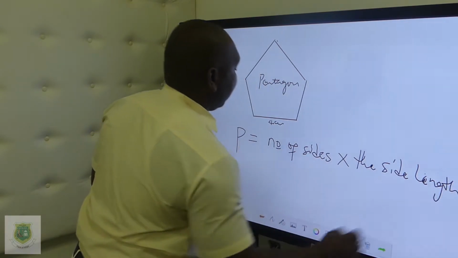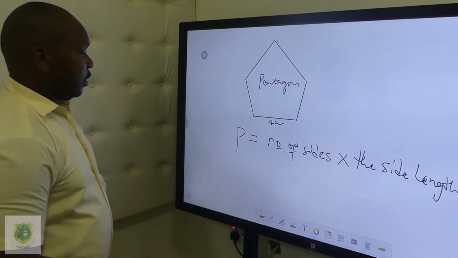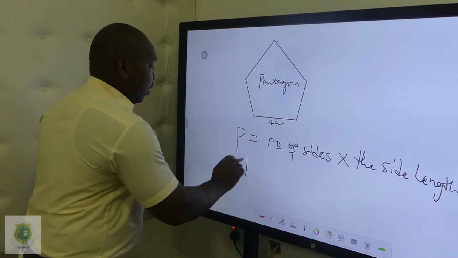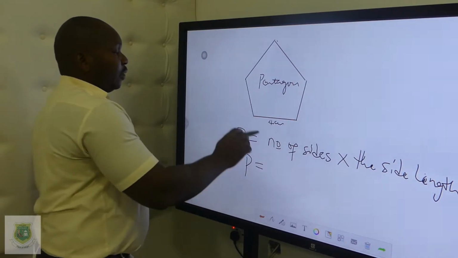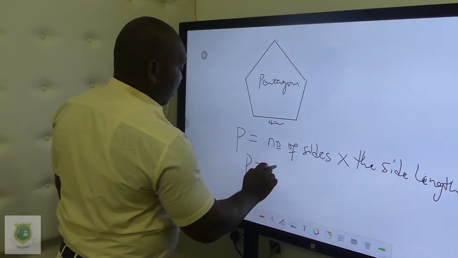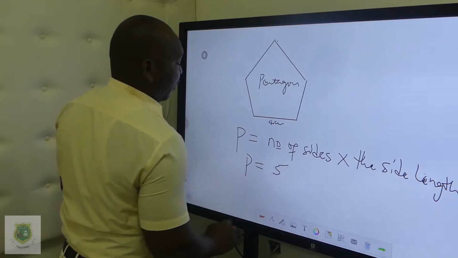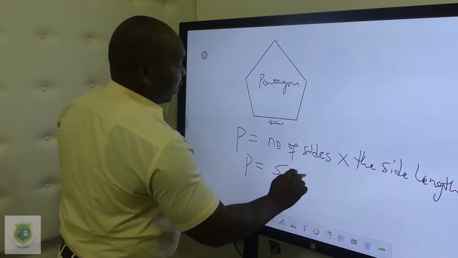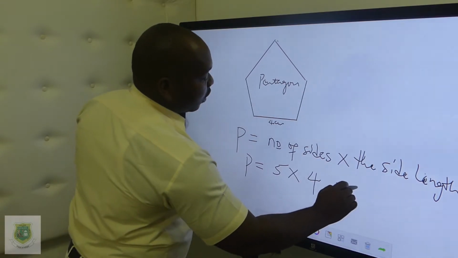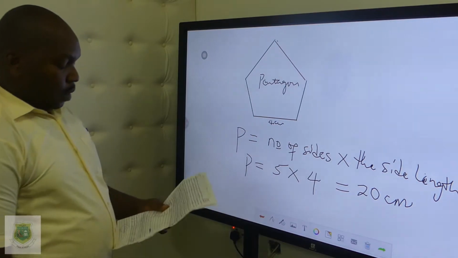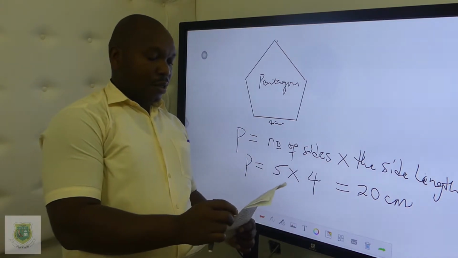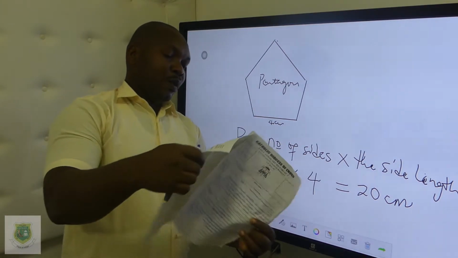Since this is a pentagon, the number of sides is 5 times the length, 4. So this is 20 centimeters.